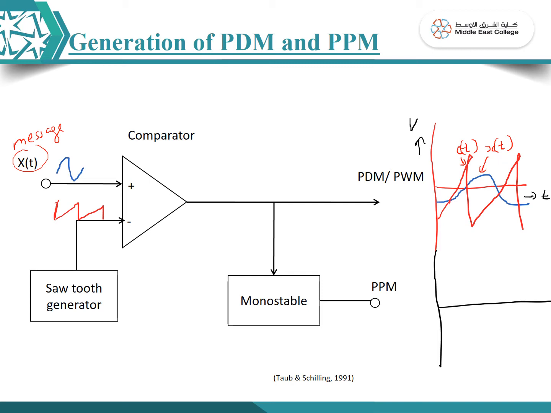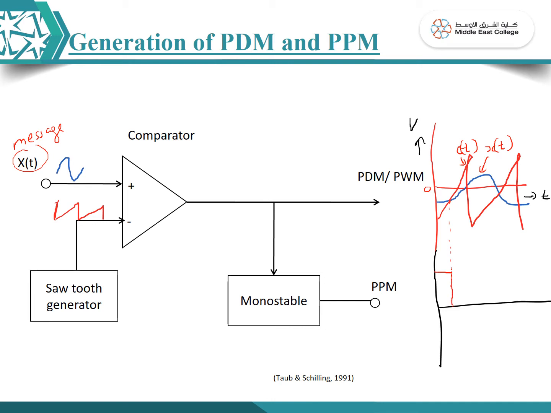From the start at 0 till there, you check which input is higher, whether the blue color, that is the message, or the red color, that is the sawtooth. The blue color signal is higher, of course, because red is below that. The blue signal being high means the message signal amplitude is higher than the sawtooth waveform. Where is the message signal? At the non-inverting terminal. So the output will go to a high value, a positive high value.